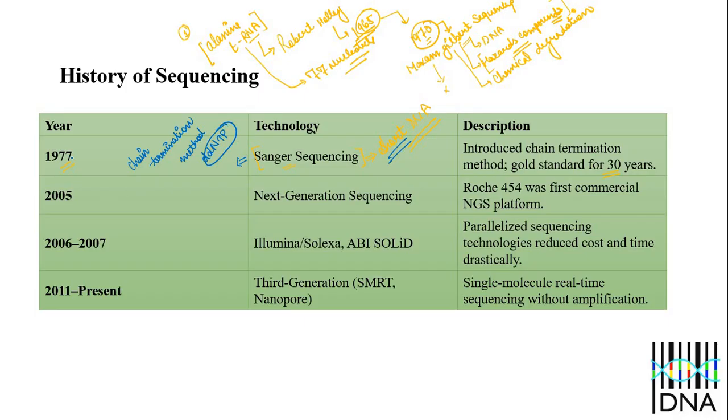After 1977, in 2005, a new era started, known as NGS, next generation sequencing. The first was pyrosequencing, or 454 sequencing. Then in 2006, Illumina sequencing was developed.